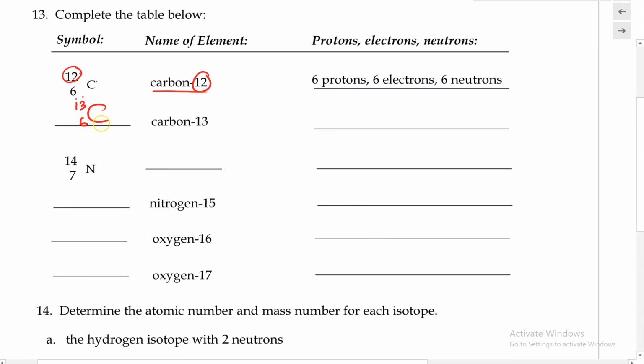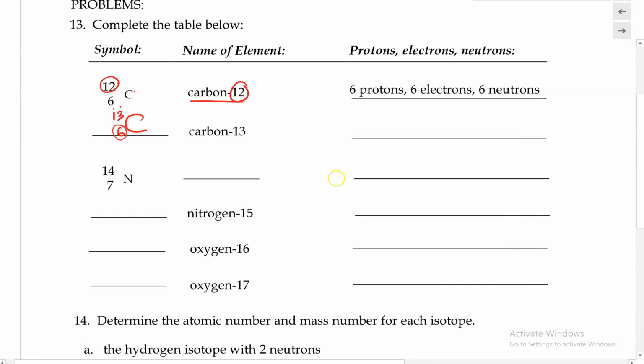Now, because we know that this is carbon already, and carbon always has 6 protons, listing this 6 is a little redundant. So sometimes we simply ignore that 6 when we put 13 over here, because we know it has to be 6 since this is the carbon atom. By convention, we can either keep the 6 or not include it, and both would be correct.